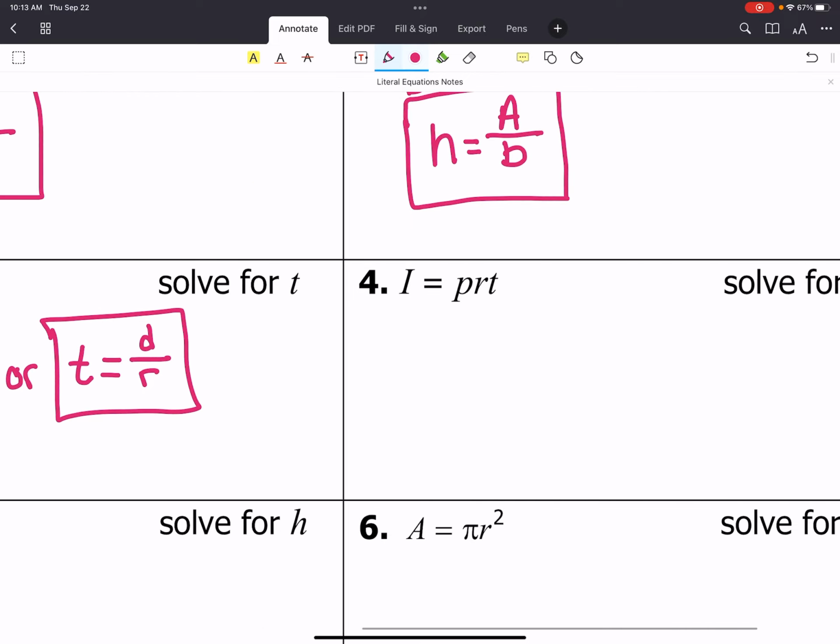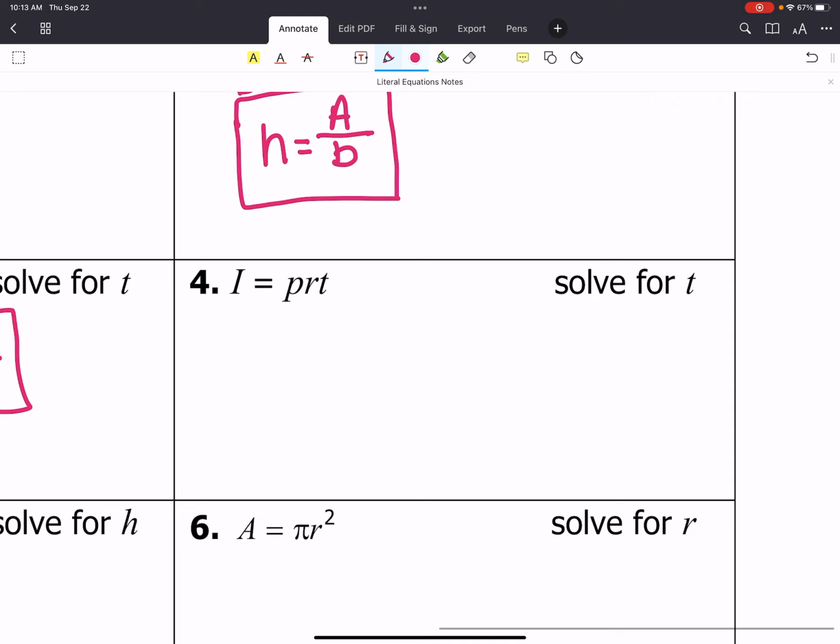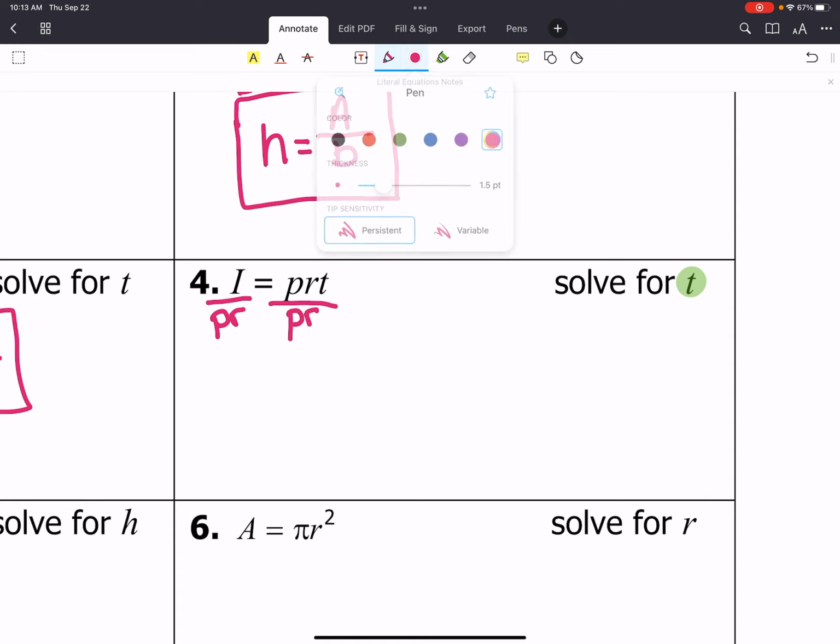Number 4, I equals PRT, and it wants us to solve for T. Okay, so again, P times R times T. The inverse of all of that would be division, so I'm going to divide by PR at the same time. So that PR will cancel.